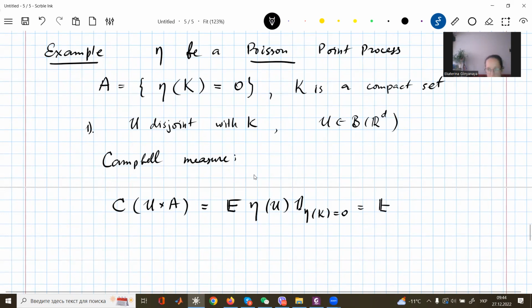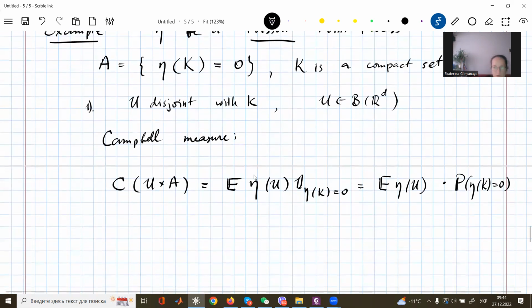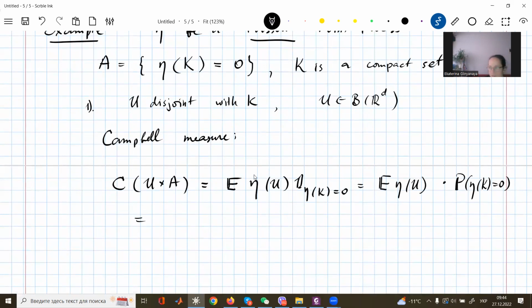So I just write that this is the expectation of the number of points times the probability that eta of K is equal to 0. So this is the intensity measure: lambda of U, the intensity measure, times the probability of event A.